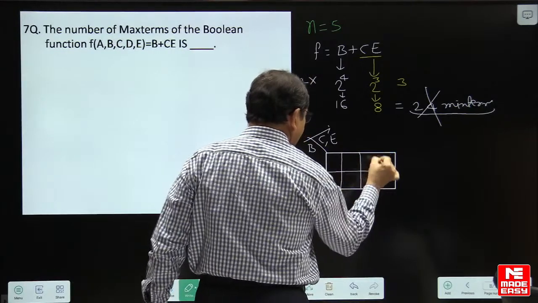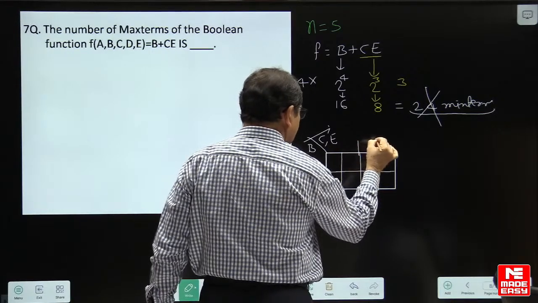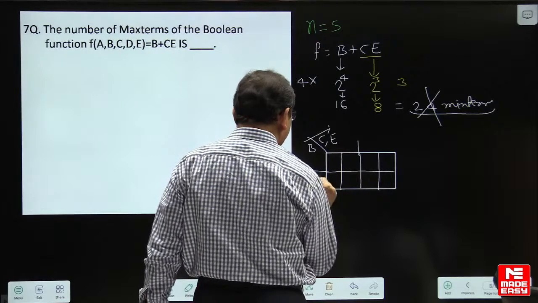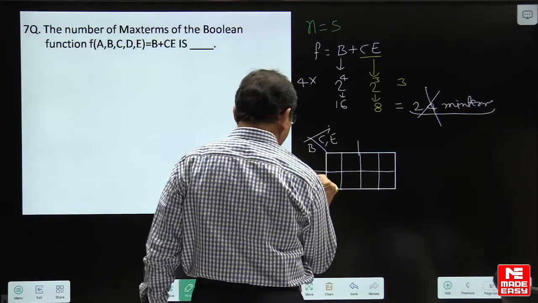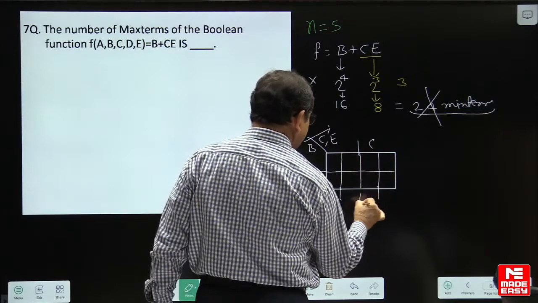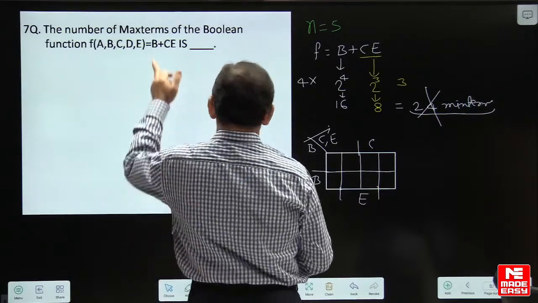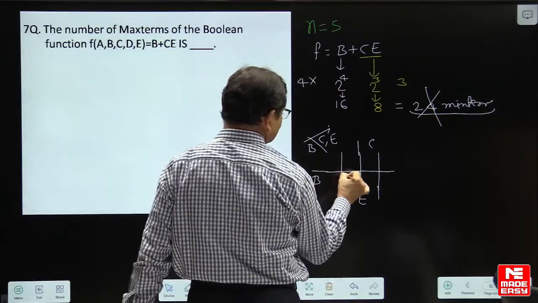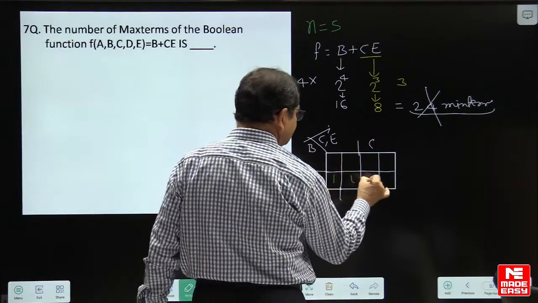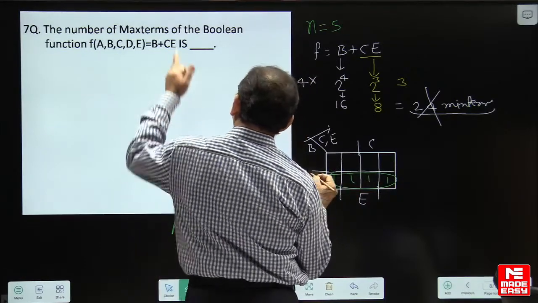So multiple ways we discuss the K-map work. If you are looking here, one of the ways I discussed is like this: it is B, it is C, this is E. So the product we are looking at is B. Once we have B, it's a group of these 4 cells, then only we are having B. And the other product is CE.